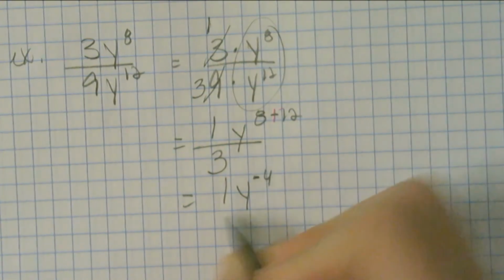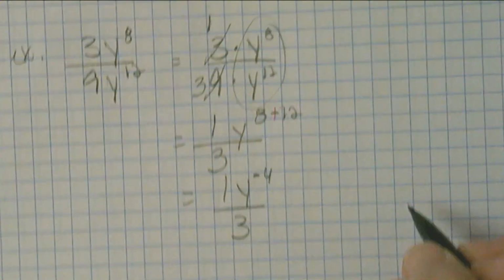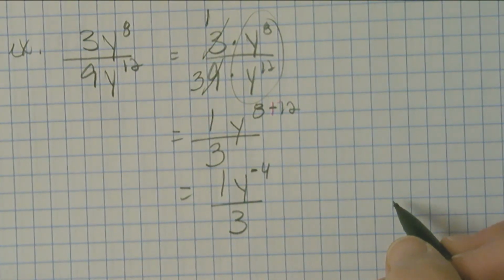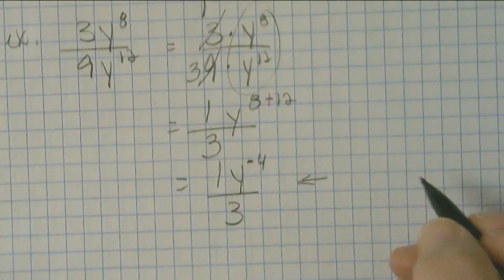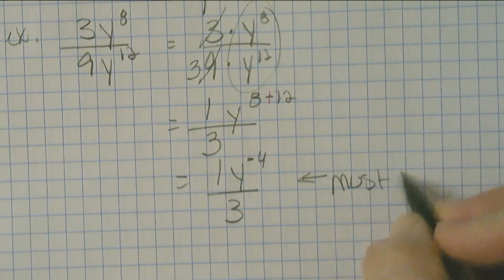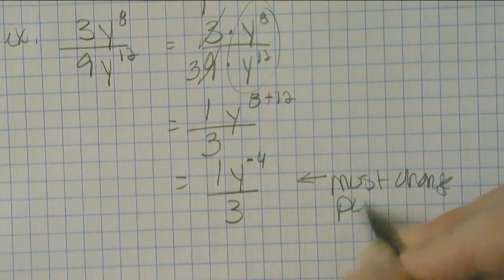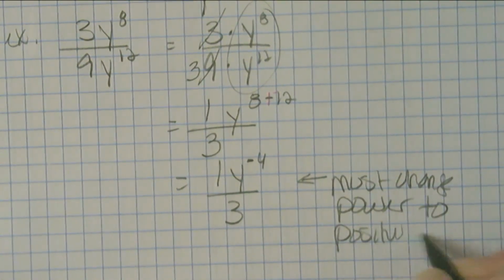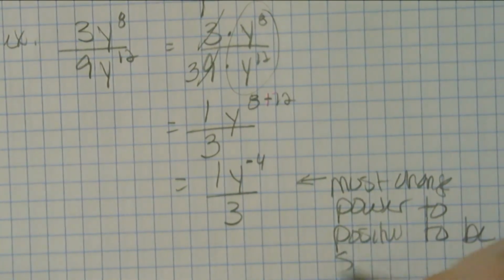Negative fourth over 3. Questions on that so far? All right. I must change that power positive to have this be simplified. So must change power to positive to be simplified.